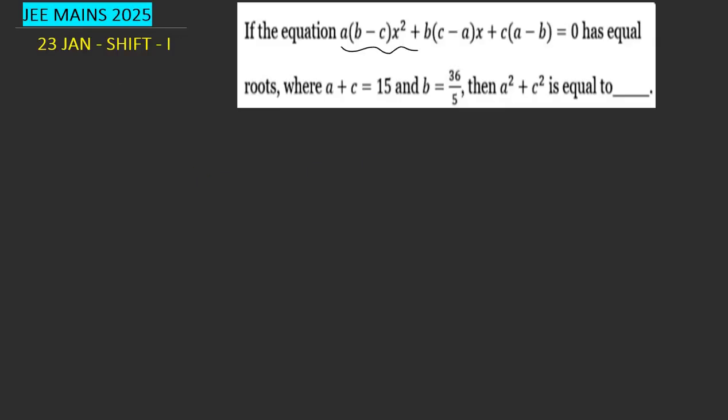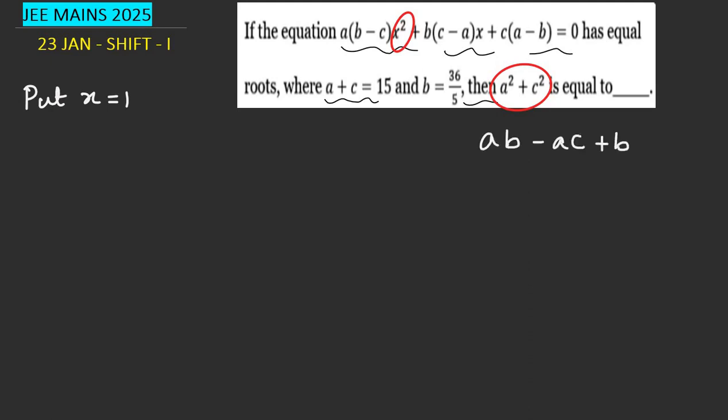Next question. If the given equation has equal roots, where a, b, c are given, find the value of a² + c². Now let us put x equal to 1. When we take x equal to 1 in the given equation, what we get is AB − AC + BC − AB + CA − CB.